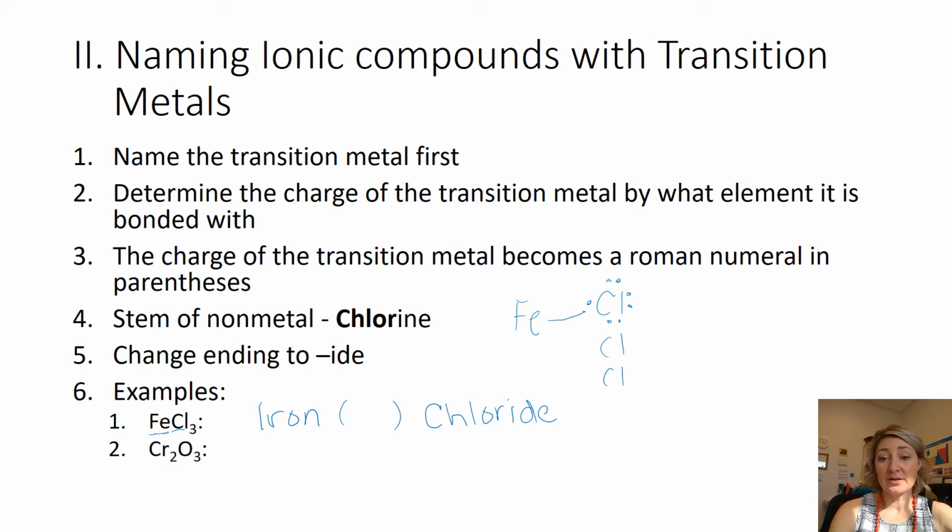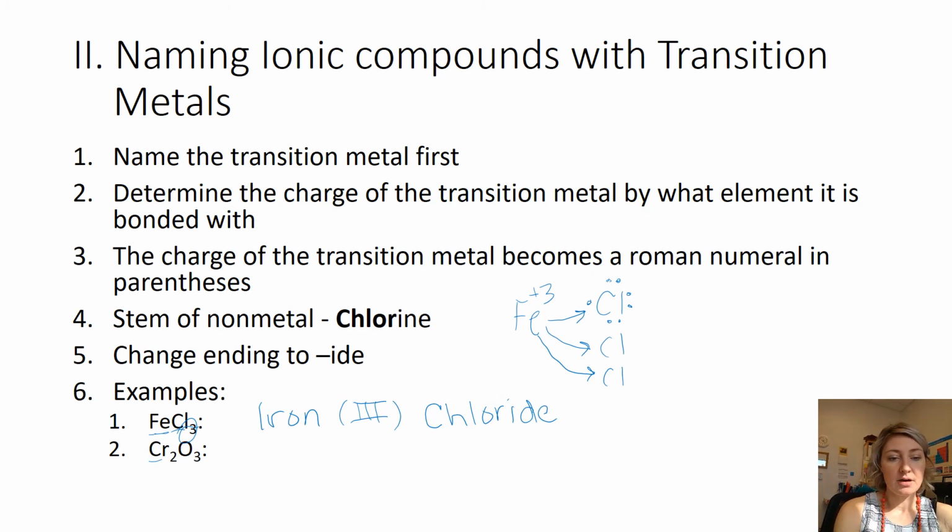So this iron, and there's only 1 of them, has to have 3 valence electrons to be able to give to each of those chlorines in my compound. So therefore, the charge of iron has to be a +3. So in Roman numerals, I will put the number 3, and this is iron(III) chloride is how you would say that name.